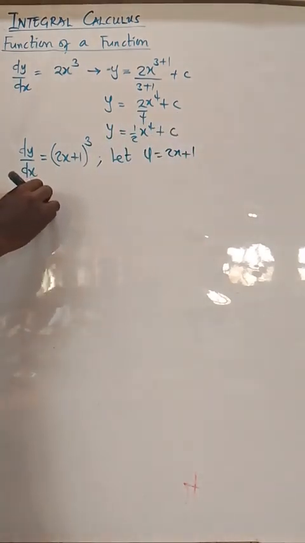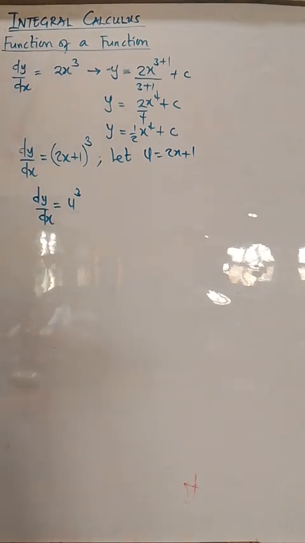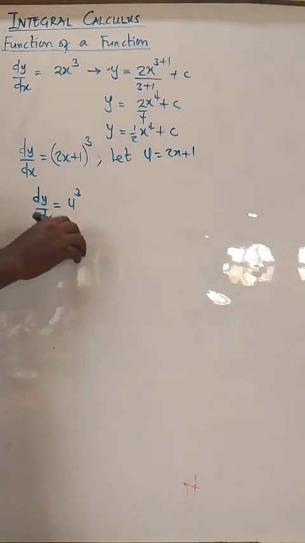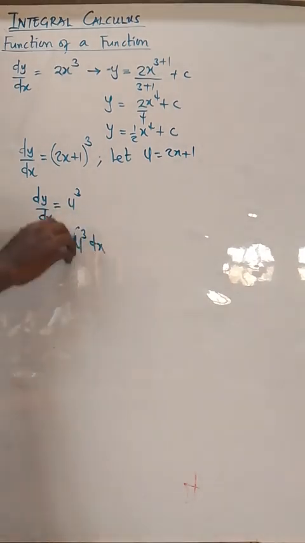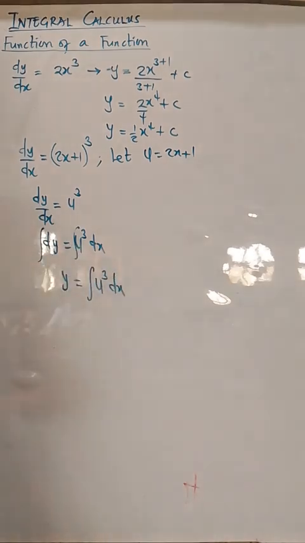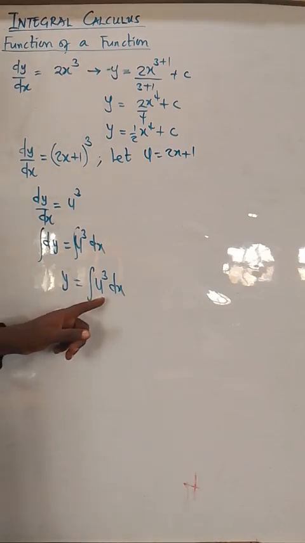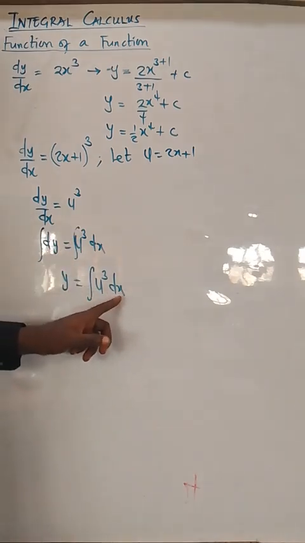From here it means dy/dx equals u cubed. So from here we can say dy equals u cubed dx. So let's integrate both sides. So y equals the integral of u cubed dx. But the problem is we cannot integrate u with respect to x. We can only integrate x with respect to x or u with respect to u. So what must be here should be du, not dx. So you have to go and look for du.